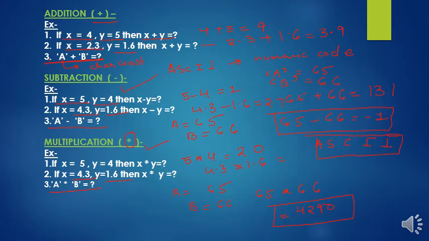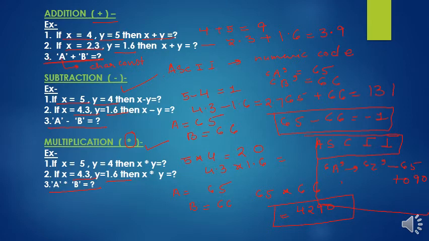So see here the chart of ASCII codes. Capital A to capital Z is from 65 to 90. All of you write down in your copy and make a chart of ASCII codes in your classwork copy.